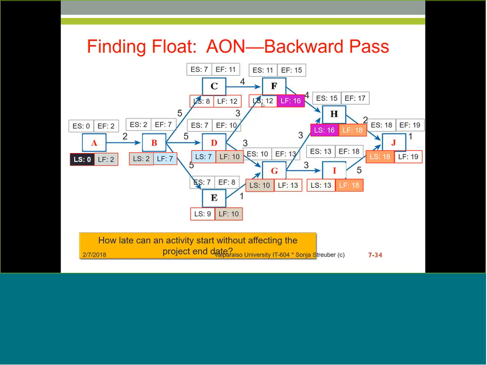So now, the late start of 12 means that C, which is a predecessor of F, can finish on day 12. So the latest it could start is at 12 minus 4, namely 8.